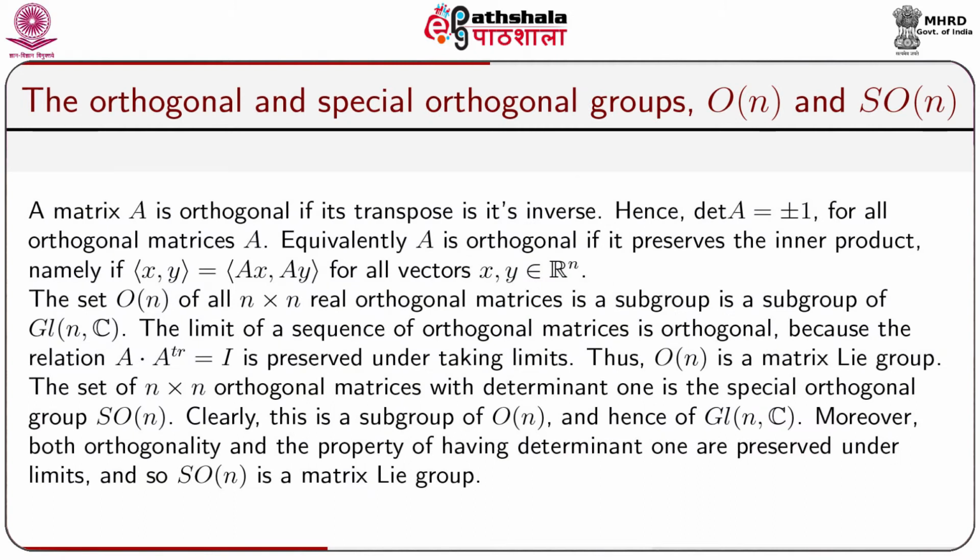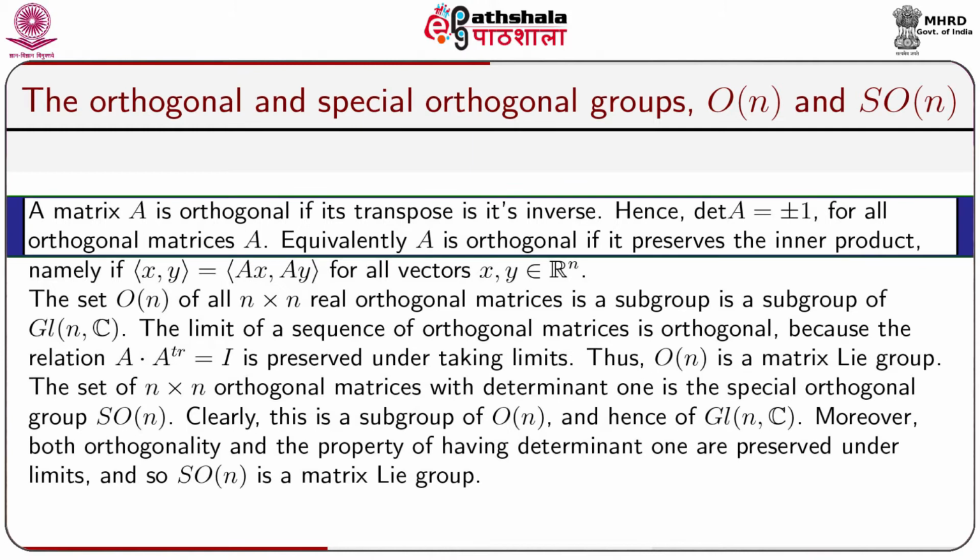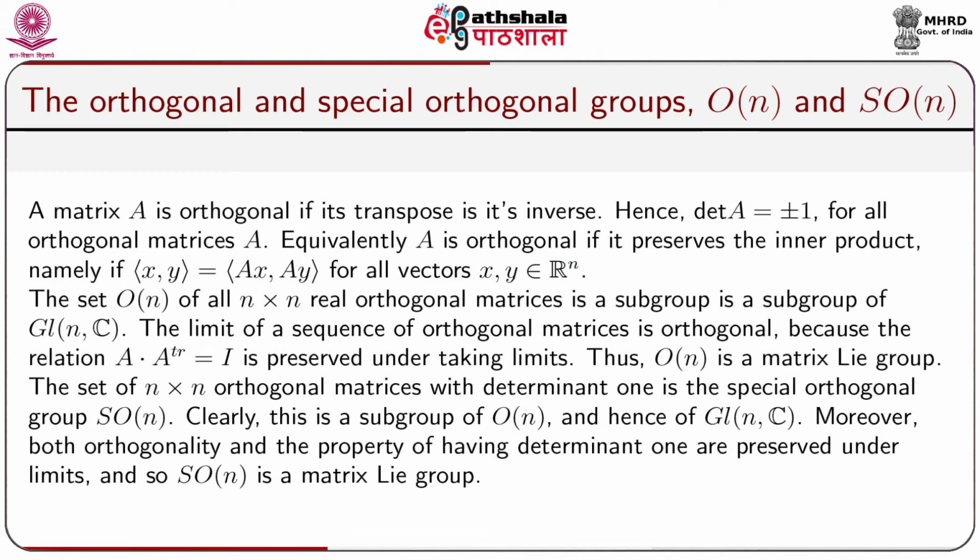Another kind of matrix Lie groups are ON and SON. That means orthogonal matrices of order n and special orthogonal matrices of order n. A matrix A is orthogonal if it preserves inner product. That is, the inner product of AX and AY is equal to the inner product of X and Y for all x, y belonging to R to the power n.